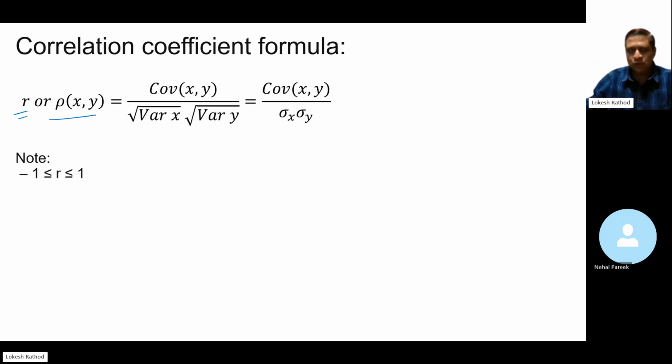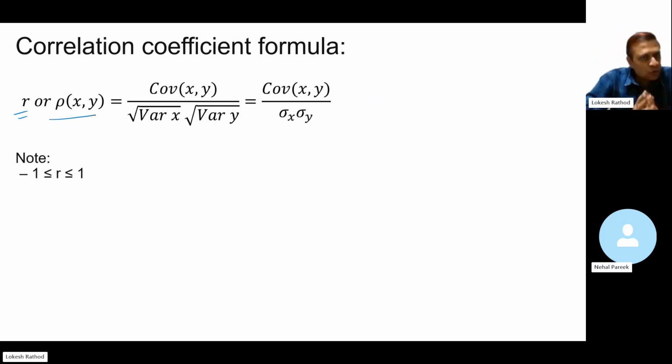R is covariance of xy divided by square root of variance of x and square root of variance of y, right? And square root of variance is nothing but standard deviation. So sigma x, sigma y. So both are the same thing only. They are not two different formulas. It's the same formula.